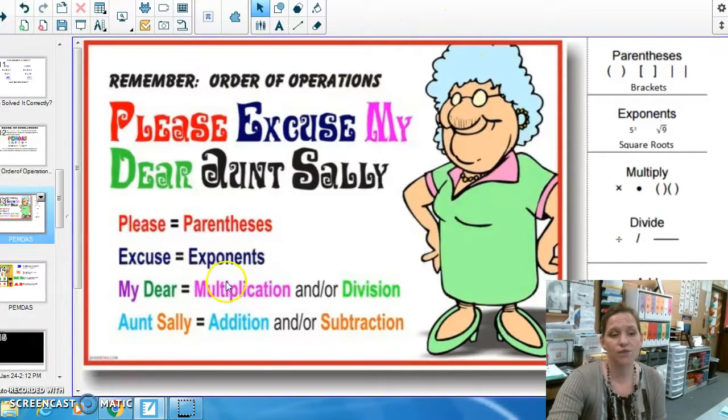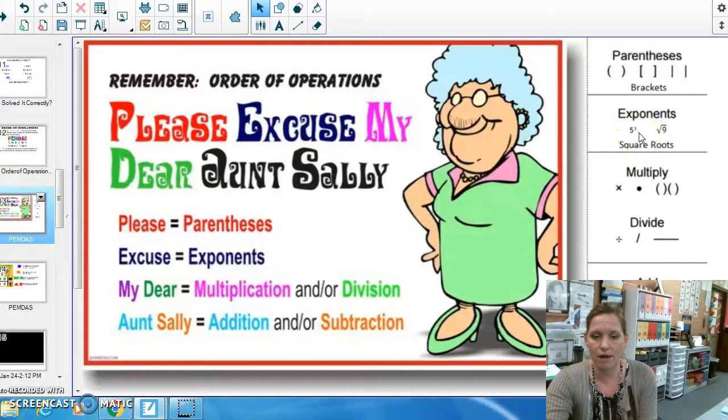The E stands for exponents, and that's when you're going to do any exponent, like 5 to the third power, 5 to the second power, anything with an exponent you're going to do next and get that simplified into standard form. The opposite of taking an exponent, square roots, can also fall in this category. 3 squared equals 9. The square root of 9 equals 3. And you'll learn more about square roots next year, but that's kind of where square roots would fall if you ever see that in a problem.